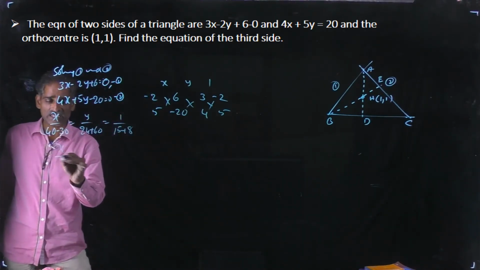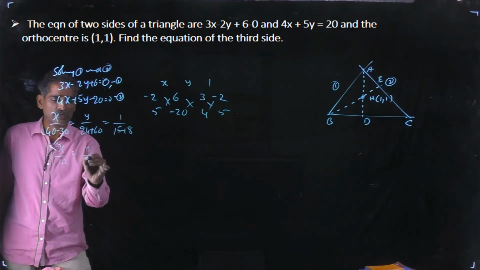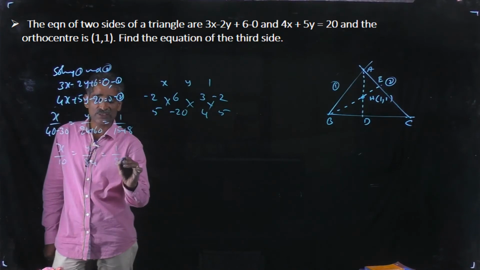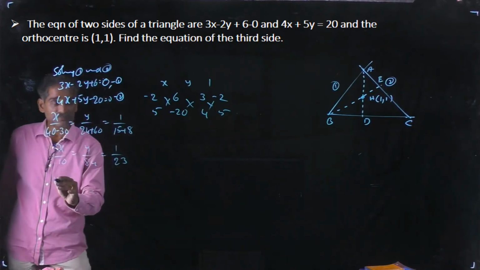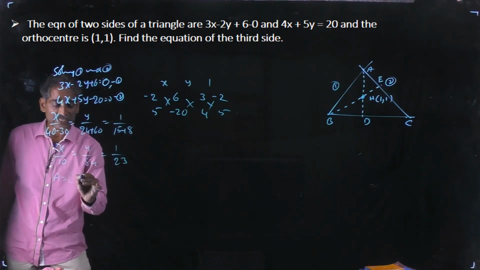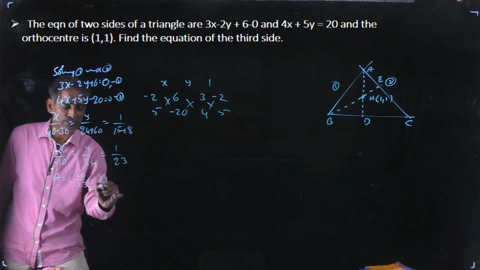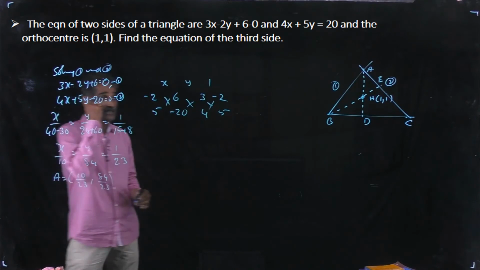So x by 10, y by 84 and 1 by 23. Here the coordinates of the point A are (10/23, 84/23). These are the coordinates of A.